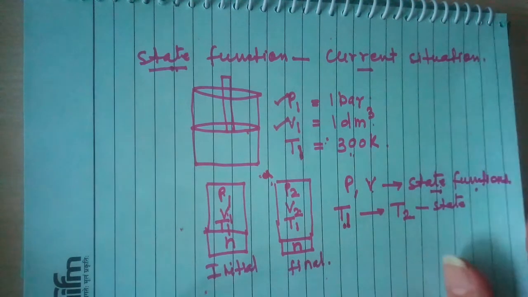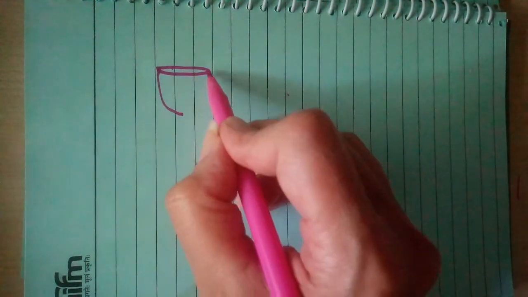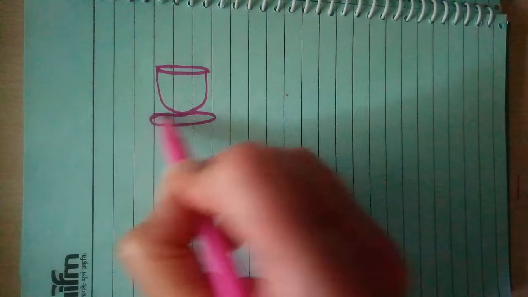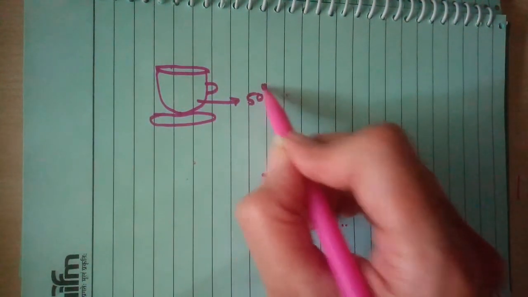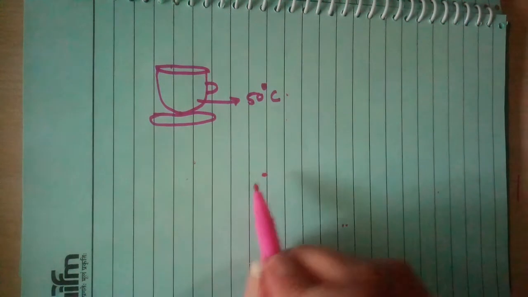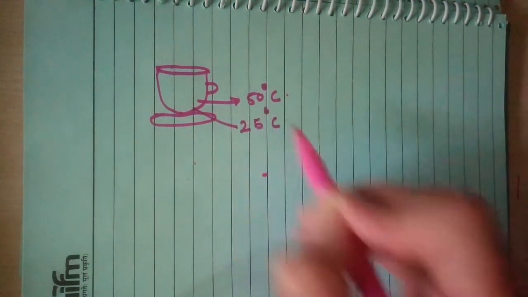Now this same concept can be explained using a very simple example. If I have a cup of tea, initially it is in hot condition, approximately 50 degrees Celsius. After some time it cools down, suppose up to 25 degrees Celsius.